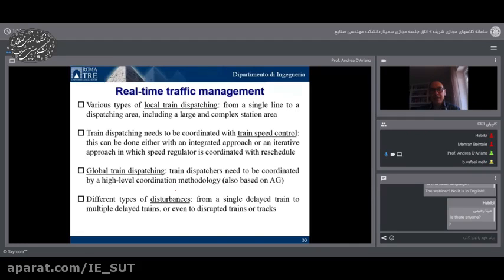The rescheduling task is mainly to change the timing of the operations and sometimes change the ordering. When you have a larger disturbance, for example multiple delayed trains, or even some trains that are disrupted, blocked on some track, or some track that is no longer available, then you end up with a much more serious disturbance.